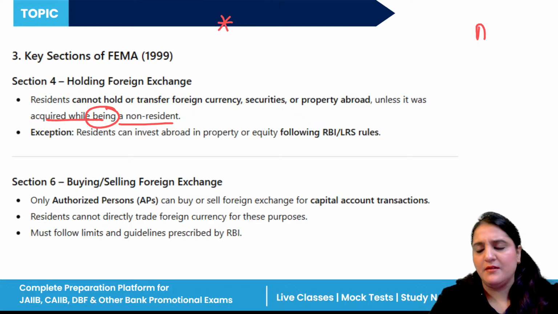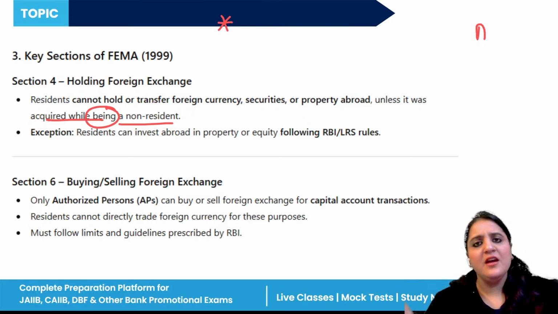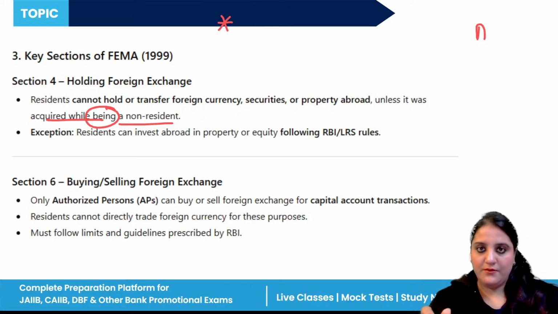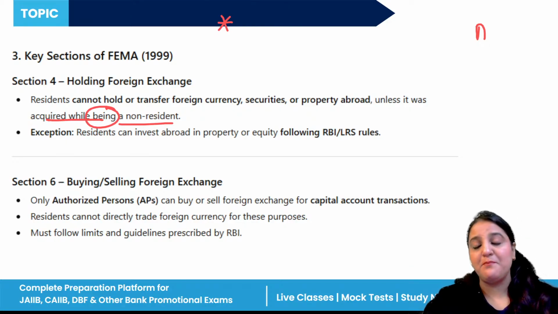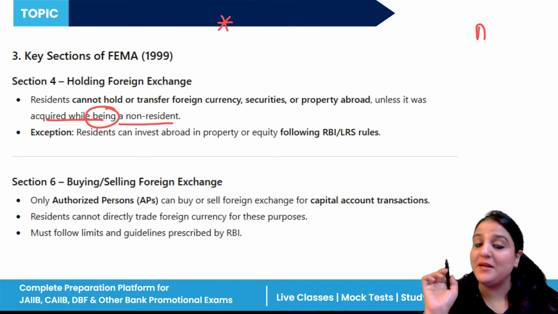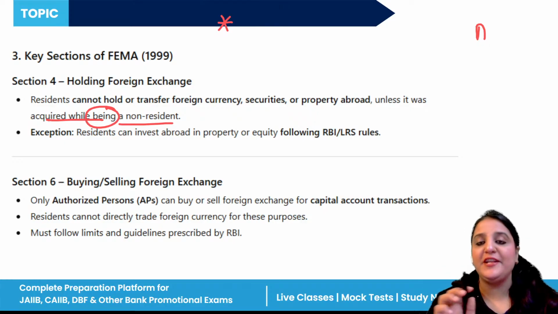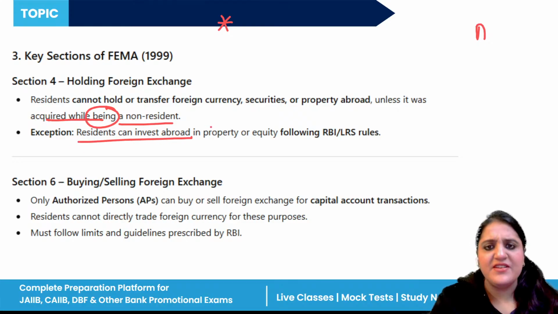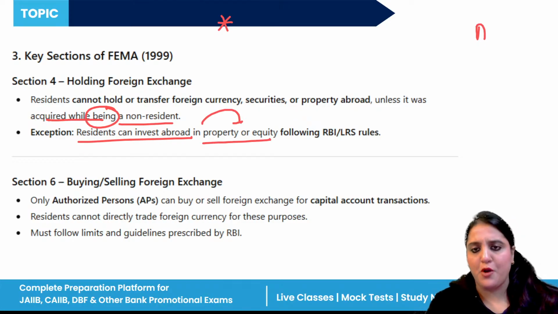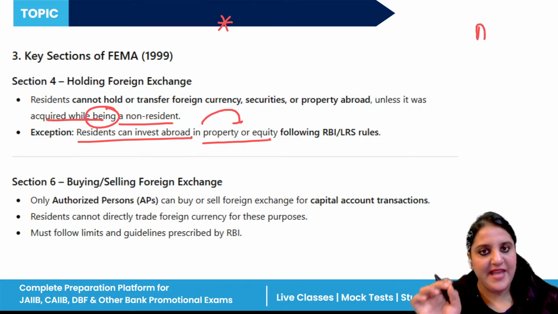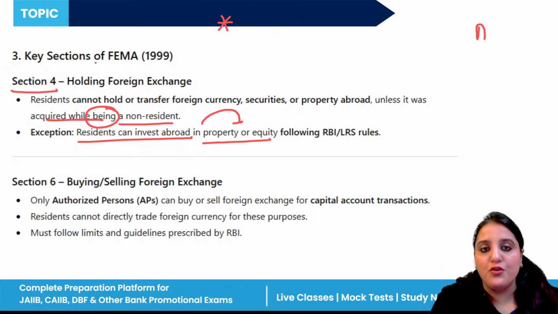If someone is in America and qualifies as an NRI for India, and at that time purchased any property, foreign currency or security, then it is okay. Apart from this, no residents are allowed to hold them. Residents can invest abroad in property or equity, but they have to follow the guidelines of the RBI and all the LRS rules. That is section 4 of FEMA.